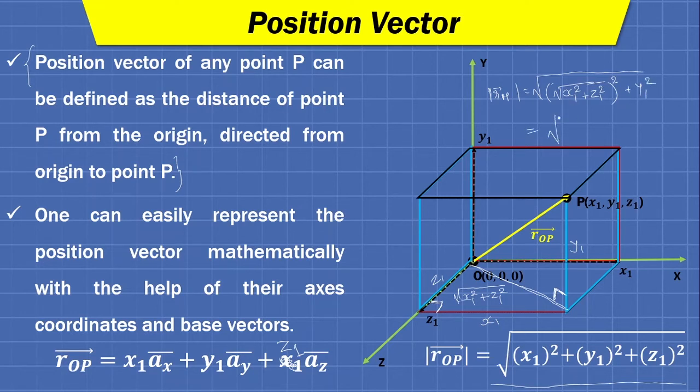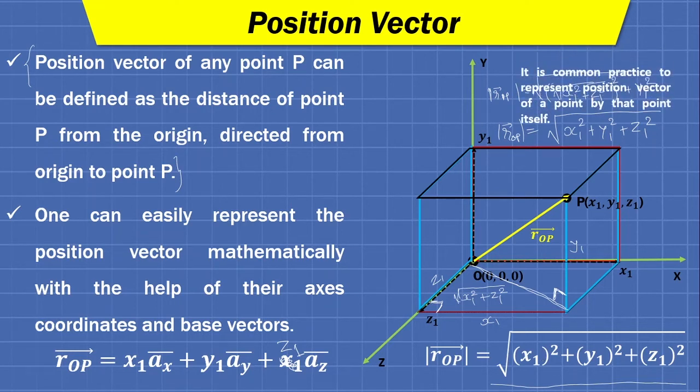Now simplifying this term, we will get x1 squared plus y1 squared plus z1 squared. So it is quite easy to prove that the magnitude of any position vector is the square root of the sum of the squares of its x, y and z coordinates. Fine.